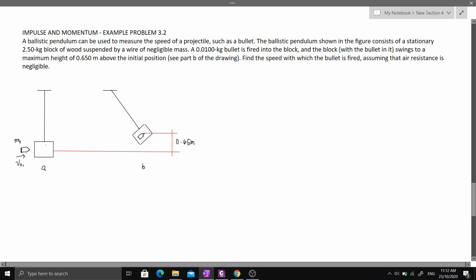So this is the mass of the wood, and the height 0.65. So this will have a mass which is equal to the mass of the bullet plus the mass of the block of wood. So this will also have a common velocity v sub f.